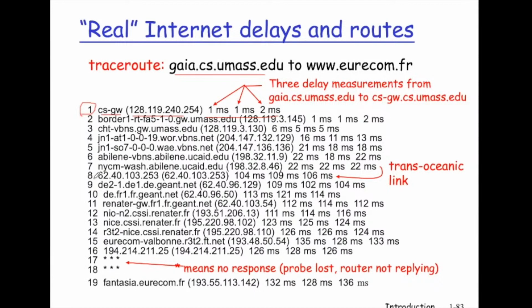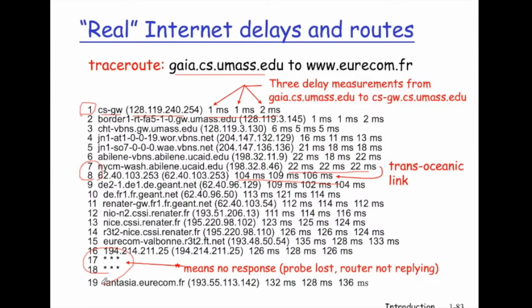What's a little bit interesting is between hop 7 and 8. There, you see at hop 7, round-trip time was about 22 milliseconds, but suddenly at hop 8, the delay is about 100 milliseconds. So that is the transatlantic link connecting the US to Europe.